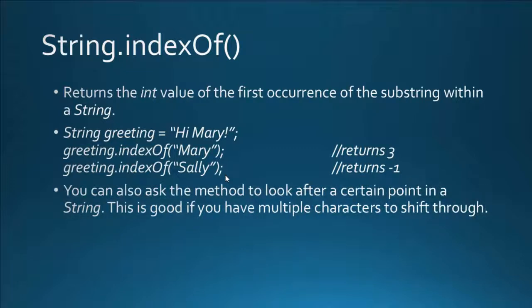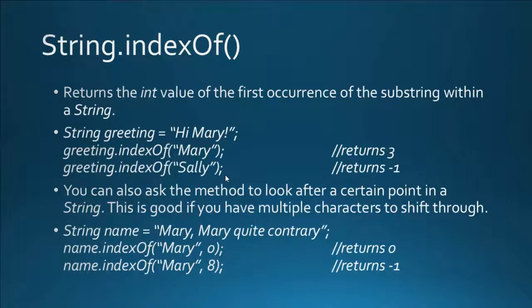You can also ask the method to look after a certain point in the string. This is good if you have multiple occurrences to shift through. So in this example, I have String name = "Mary, Mary, quite contrary". And I can do name.indexOf("Mary", 0). It's going to look at position 0, and of course, there's my first one right there.